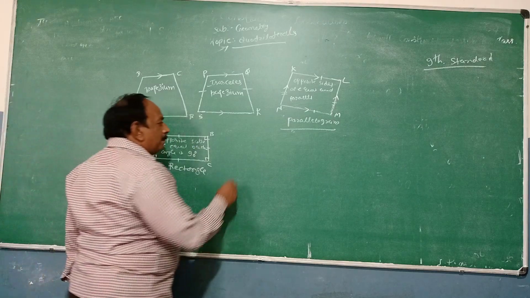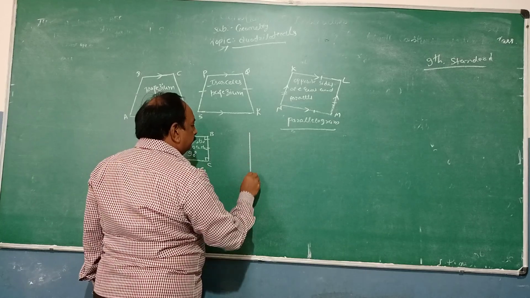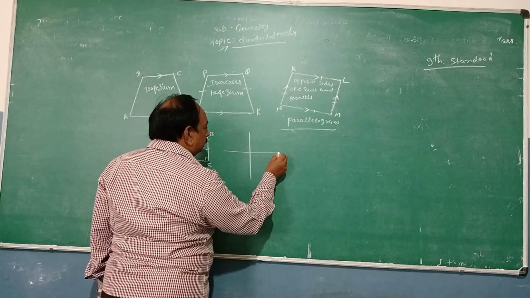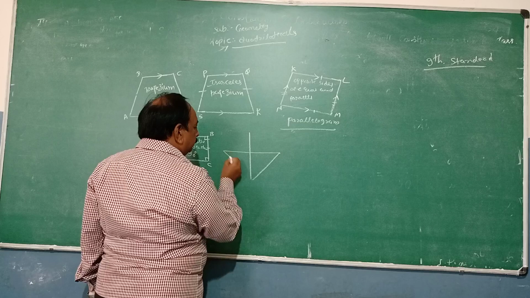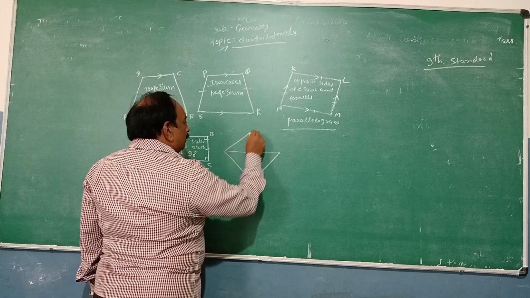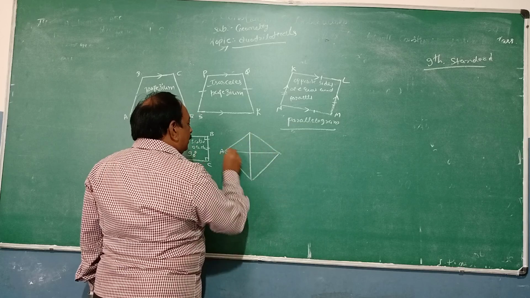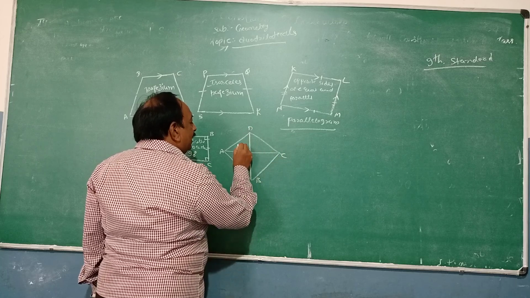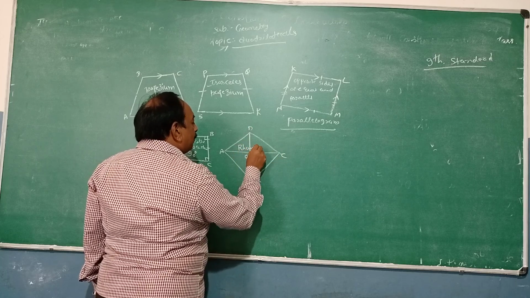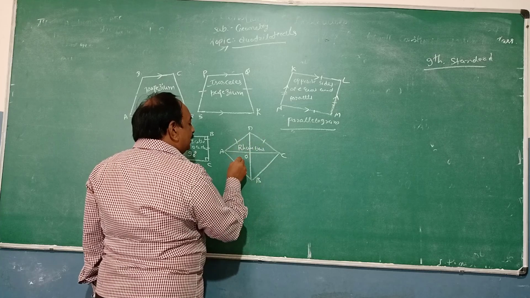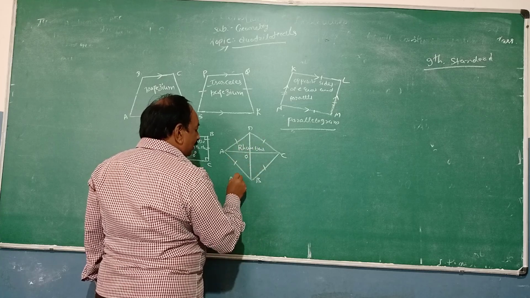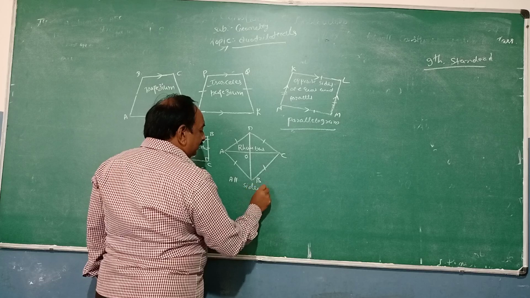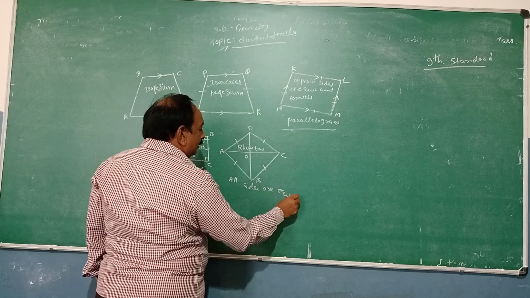Then we have A, B, C, D. We call this a rhombus. In a rhombus, all sides are equal.